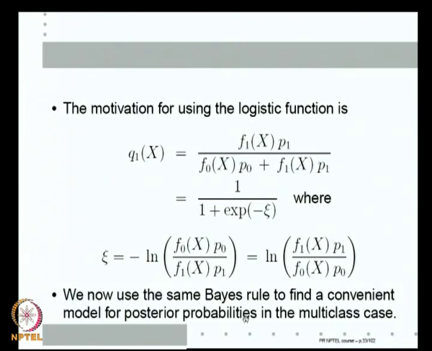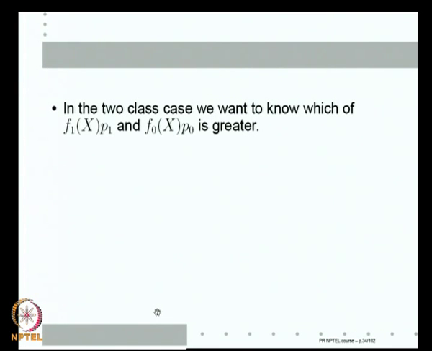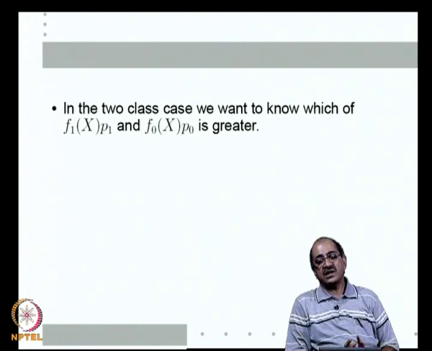So, before we go there, while this motivation is clear from Bayes rule, it may not still be quite clear where the 2 class fact is used. So, let us understand this. In the 2 class case, what we want to know is which of f1 p1 and f0 p0 is greater.